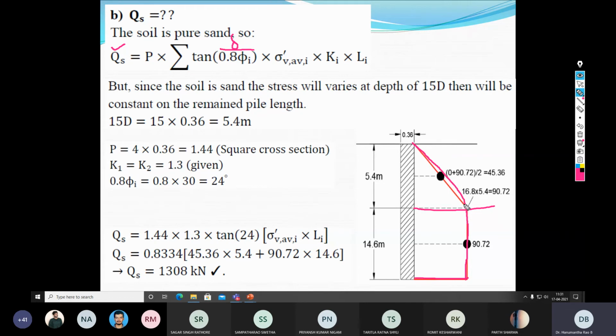Meyerhof has also given a guideline that the average unit skin friction varies until a depth of 15 to 20 times D. Here in this case we have taken the variable depth of friction as 15 times D. So 15 into D, the diameter of the pile, that is 0.36, gives 5.4. Meaning, out of the total pile length of 20 meter, the unit skin friction varies up to a depth of 5.4 meter, and for the remaining 14.6 meter depth, it is constant.